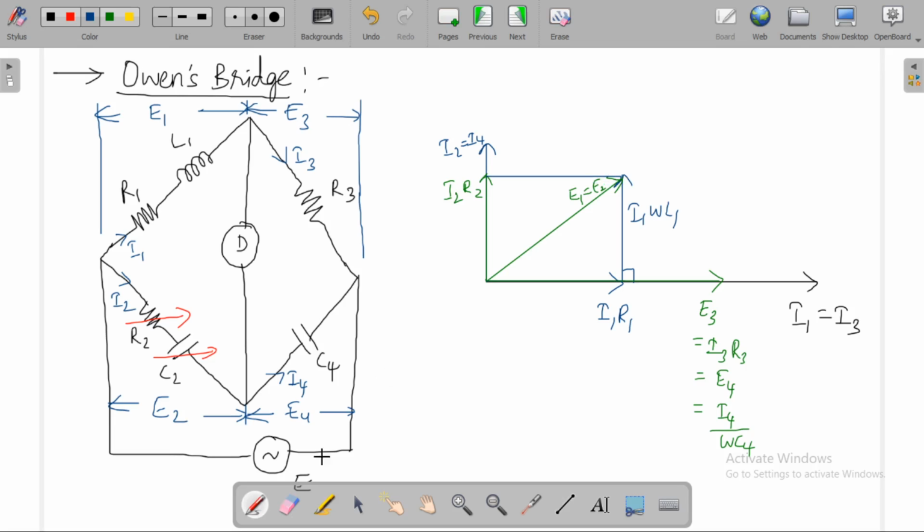This will be the voltage across C2, that is I2 by omega C2.